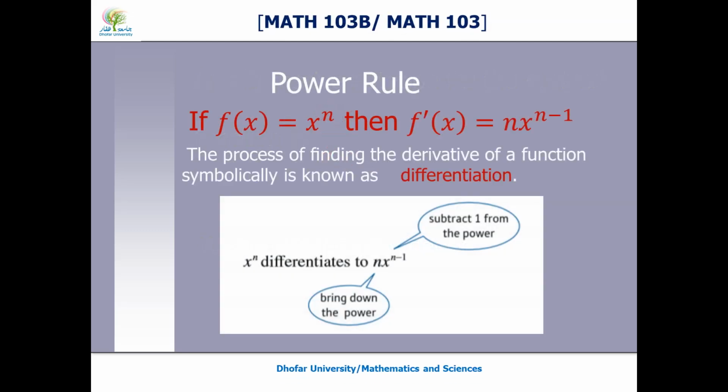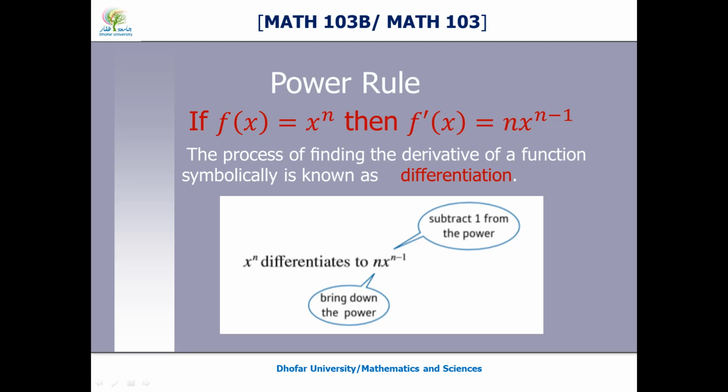Let's start with the first rule of differentiation. We call it the power rule of differentiation. The rule says if f of x equals x to the power n, a power function, then its derivative f prime x equals n multiplied by x to the power n minus 1.